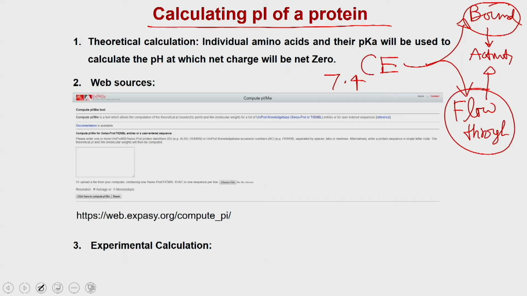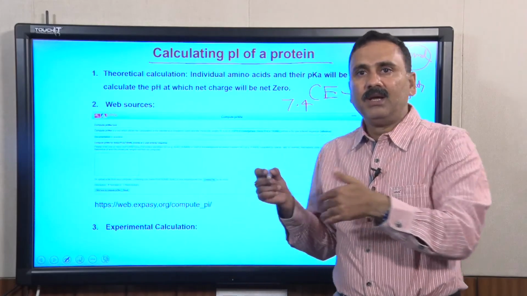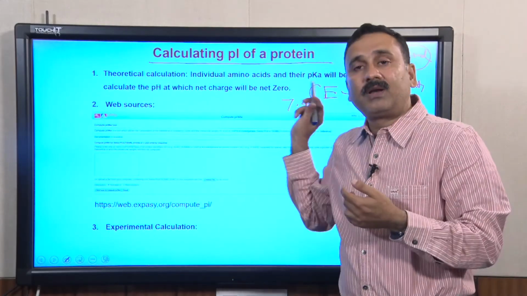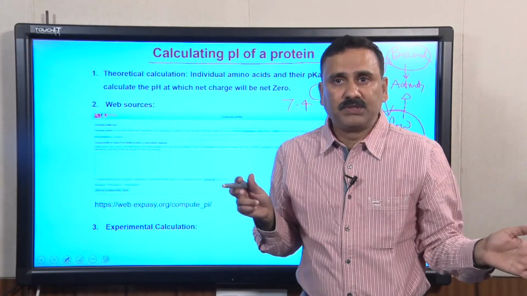Now they analyze these 2 fractions for activity. Suppose they got the protein in the bound fraction, then they will realize that the protein has a pI closer to 8 or 9, because if you remember, for cation exchange chromatography you have to go lower than the pI value.